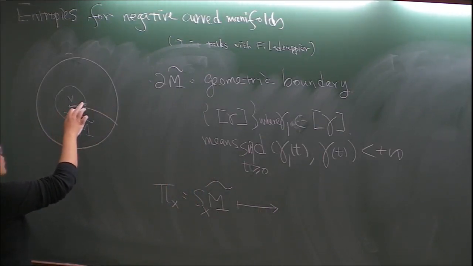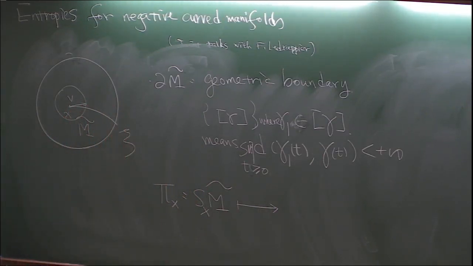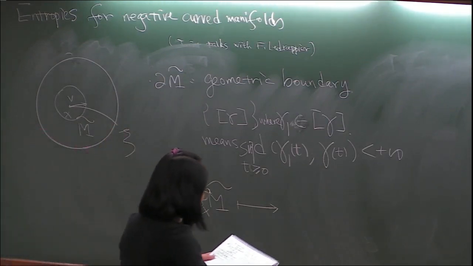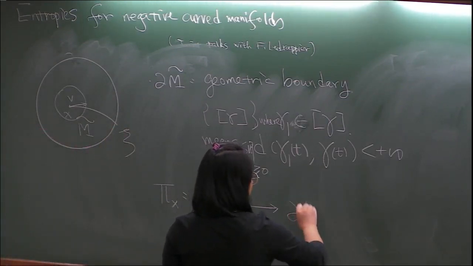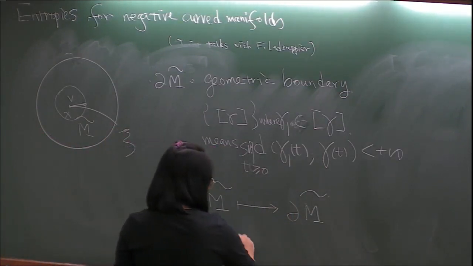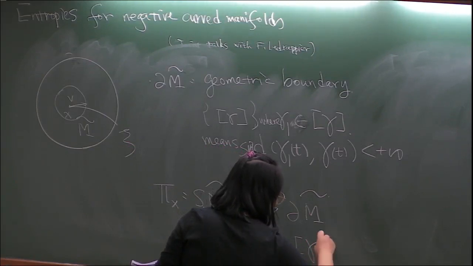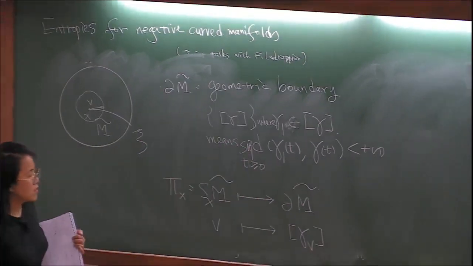You give one direction, it will correspond to a point on the boundary and vice versa. So you have this map sending V to the equivalence class of gamma.